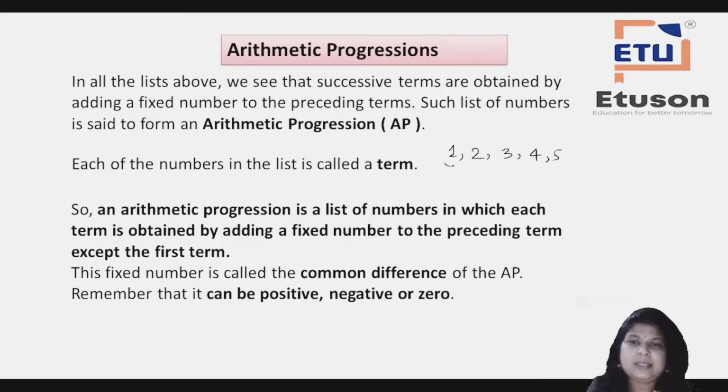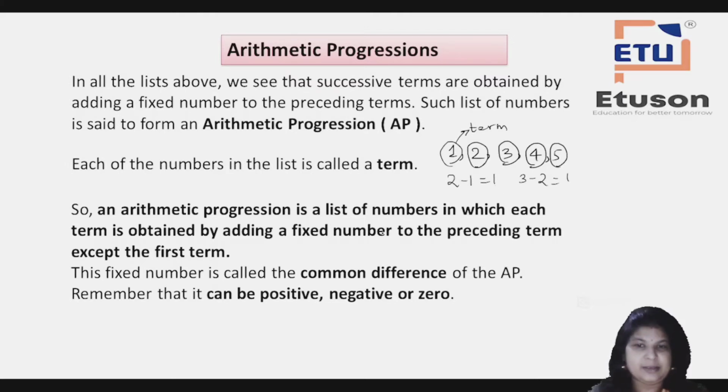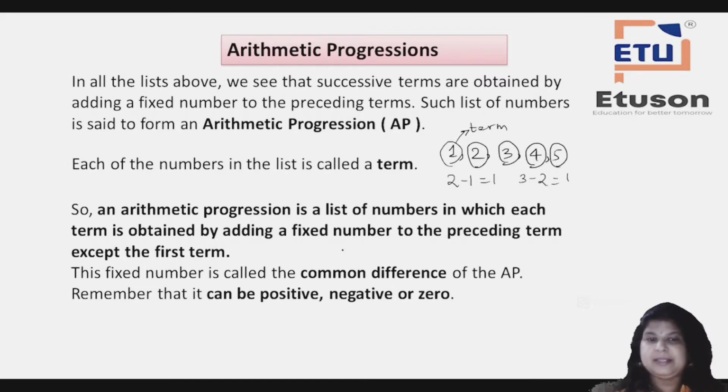Every number here is a term. Then what is the common difference? 2 minus 1 is 1, 3 minus 2 is 1. So the common difference is 1 here. And remember that it can be positive, negative or 0 also.